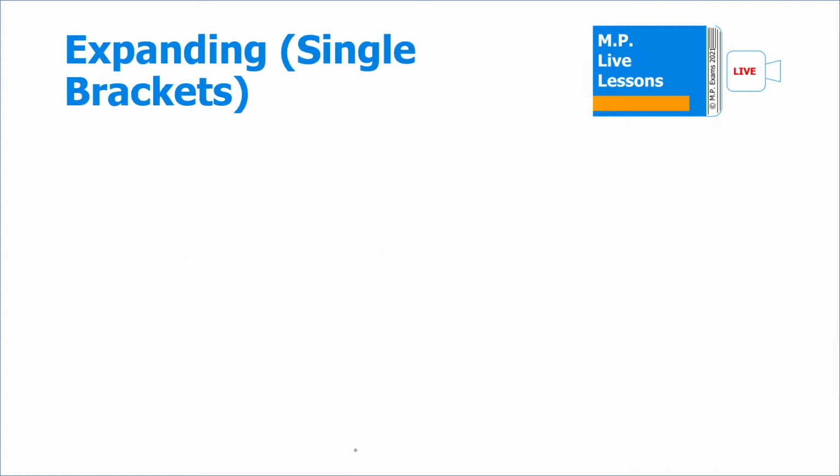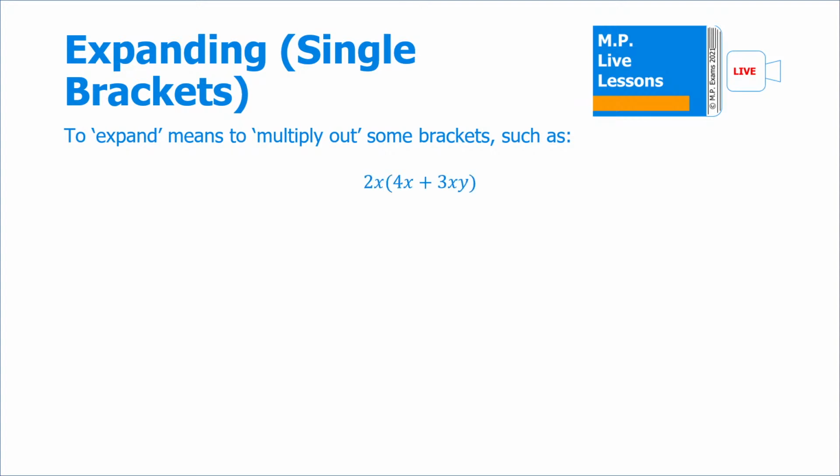Now with expanding brackets, which I briefly mentioned, to expand means to multiply out some brackets, such as this. So each bit on the outside is multiplied with everything on the inside. So we have 2x times 4x, and then we have 2x times positive 3xy. So remember from the previous slide, you remember how to multiply each of these terms.